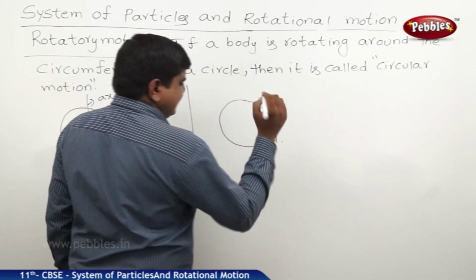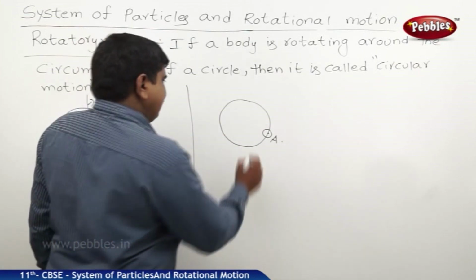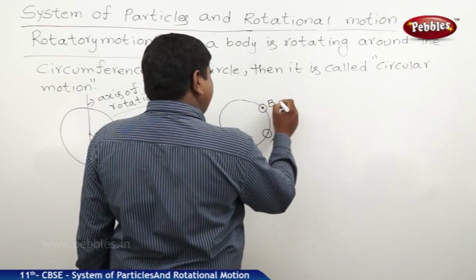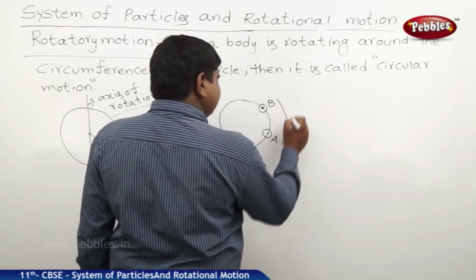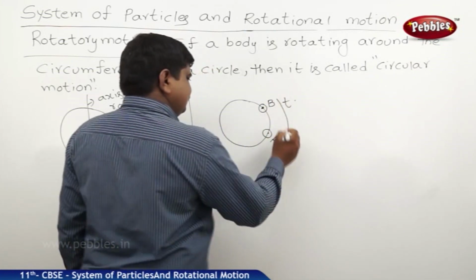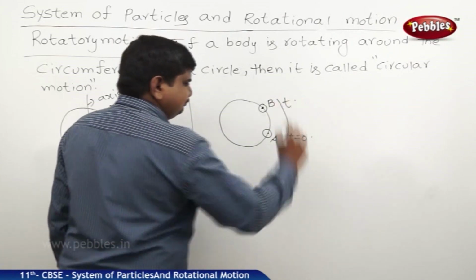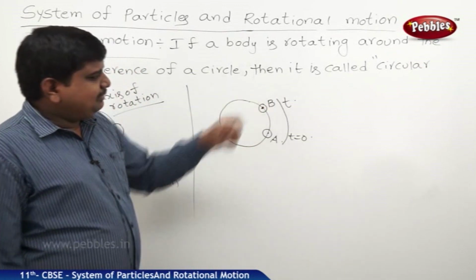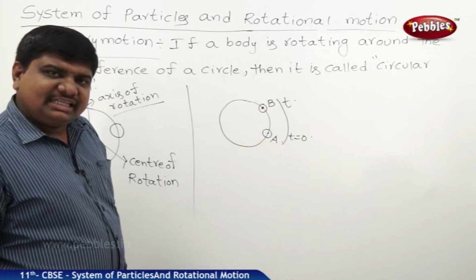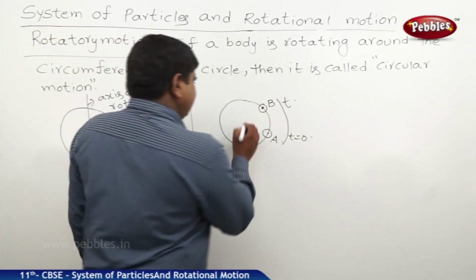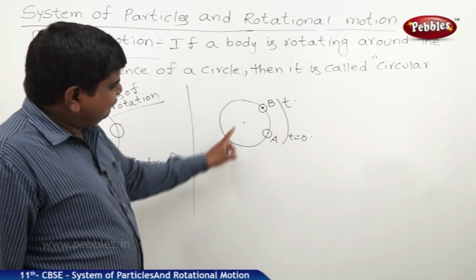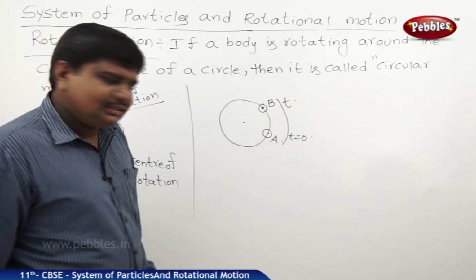Let us say this position is A, and this position is B. After the time t, the body moved to B. The time taken is t. Position A is at t equal to 0, position B is at time t equal to t seconds. These both are under the reference of the origin of the circular path.